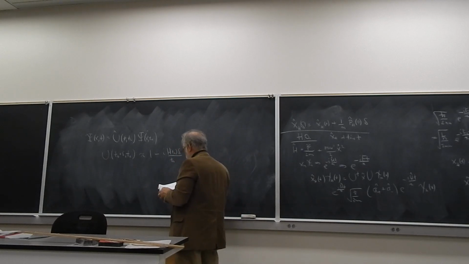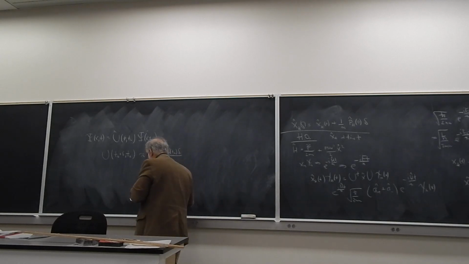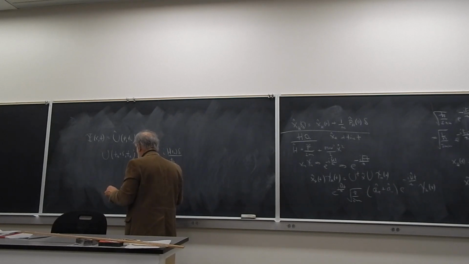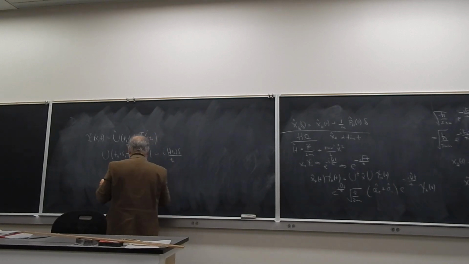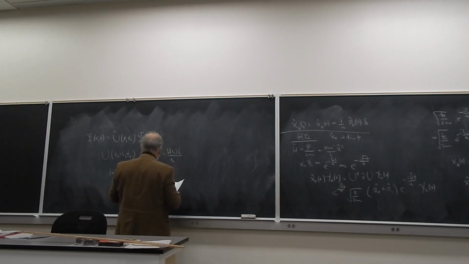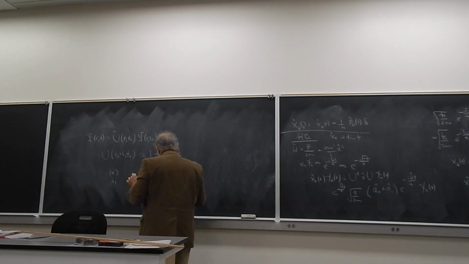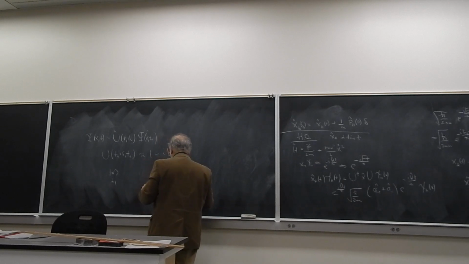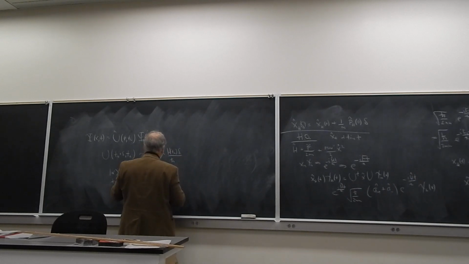Time translation invariance tells us that the time evolution is independent of which time interval we consider. So if a system starts, let's say, in state alpha at t1, and it evolves for some time delta t, it'll end up in some state beta, as if the system started in the same state alpha at time t2 and evolved for the same time.